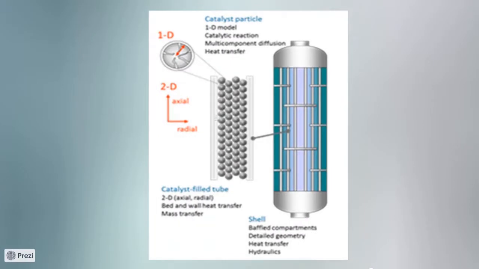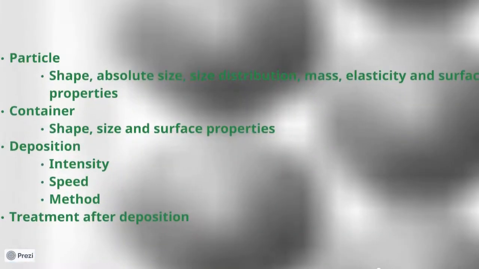This packing material will be of uniform size, and the mode of operation and efficiency of a packed bed reactor depend upon the particle, container, rate of deposition and treatment of the deposition. The shape, absolute size, size distribution, mass elasticity and surface properties are various factors that have to be considered in choosing a particle for packing the material.